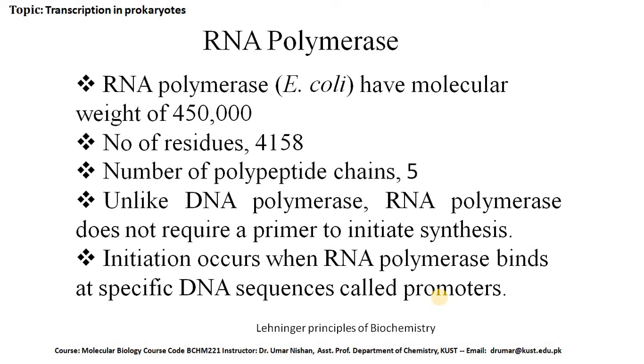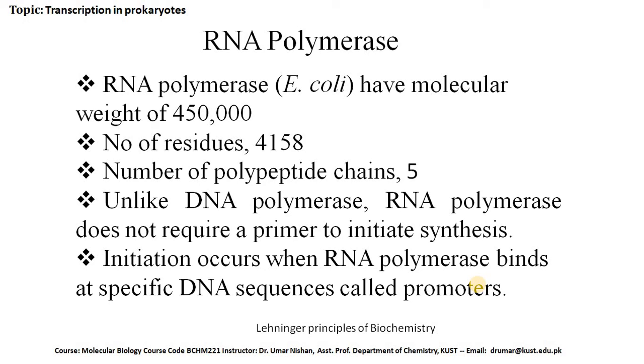Now, the importance of promoters is very obvious, because DNA is a macromolecule, and if a certain segment of DNA has to be transcribed, the RNA polymerase should be able to bind close to that particular segment.